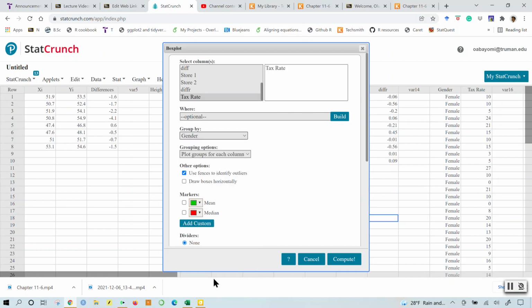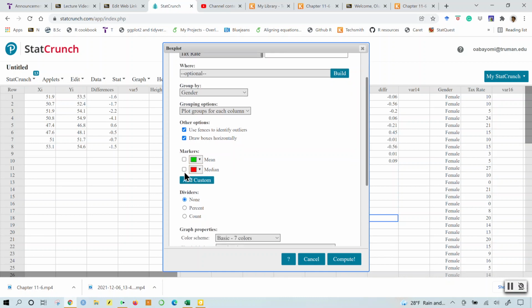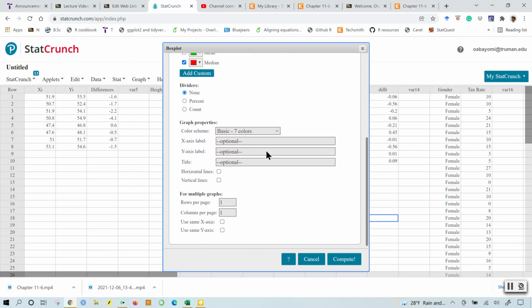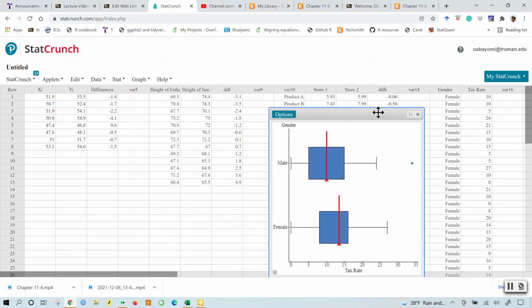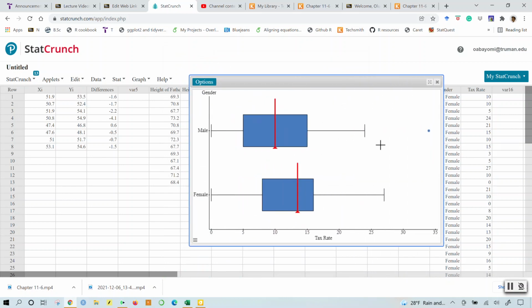I would like to draw the boxes horizontally, since we read from left to right, that orientation is really nice. And I might like to look at the median. Then you have compute, and this is it. So I have my side-by-side box plot.